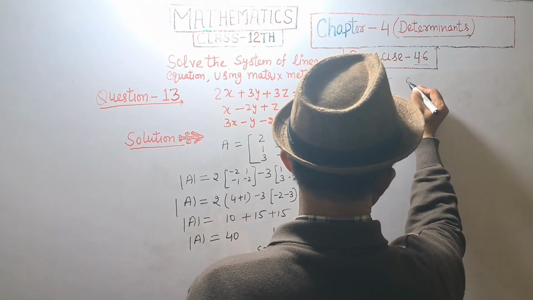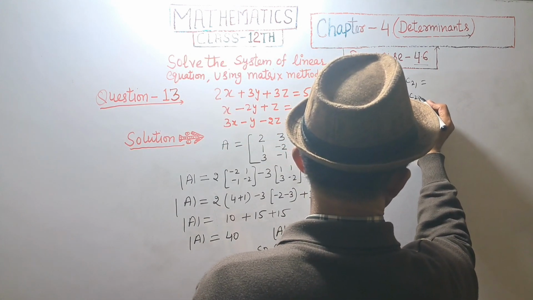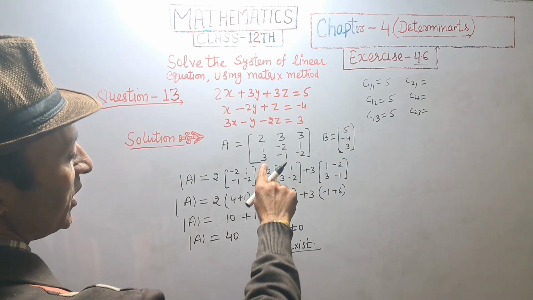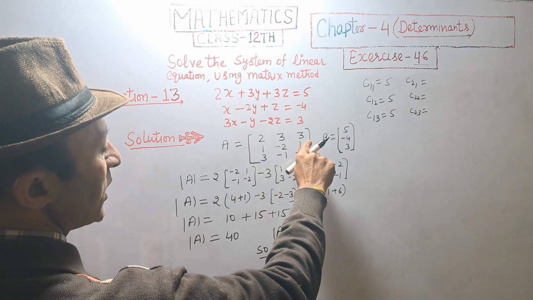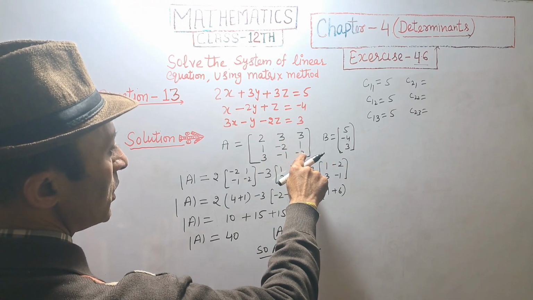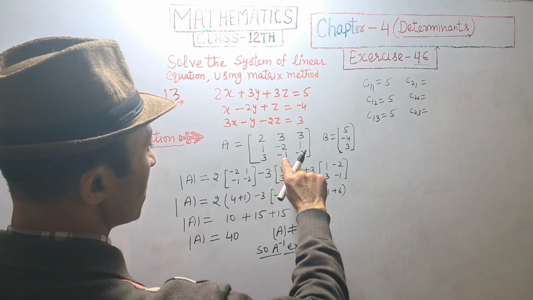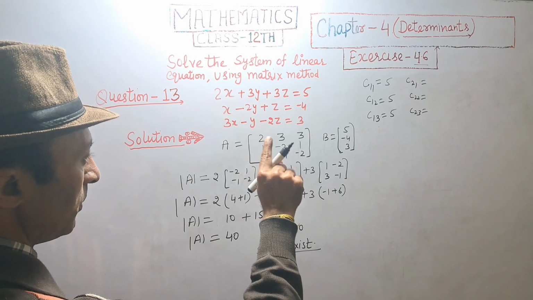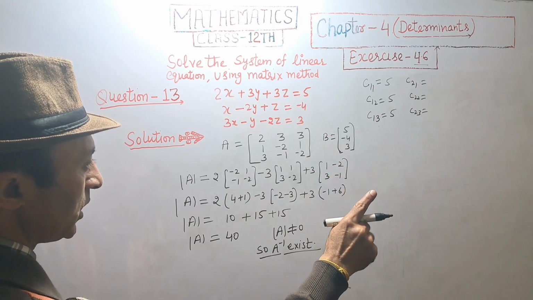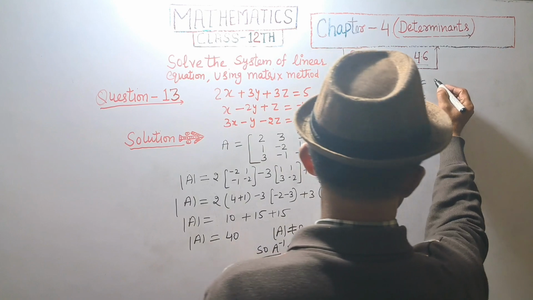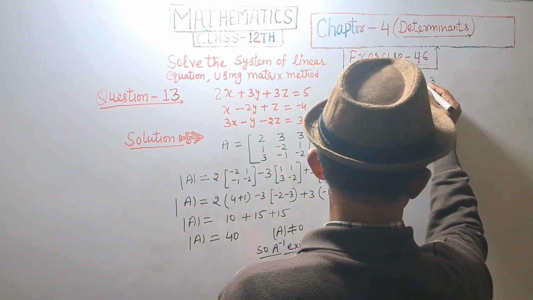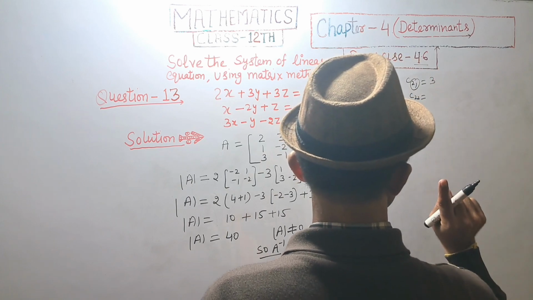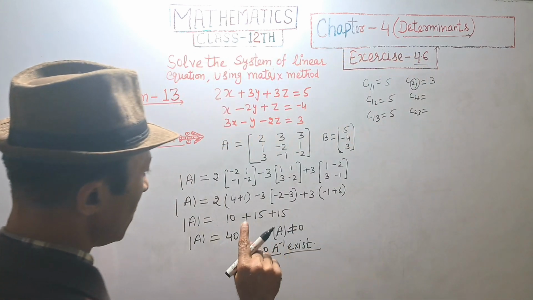And now C21, C22, C23. C21, second row, first column: 2 3s are minus 6, plus 3, minus 6 plus 3, that is minus 3, and that will be positive 3, 2 plus 1 is 3, this number multiplied by the negative sign, minus minus is plus, plus 3.